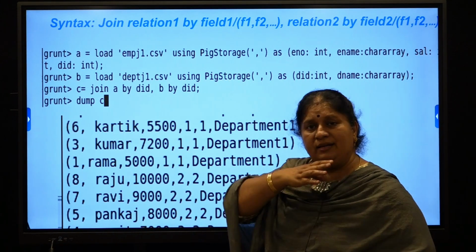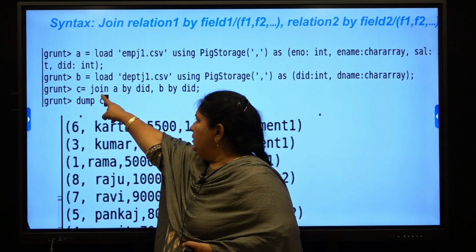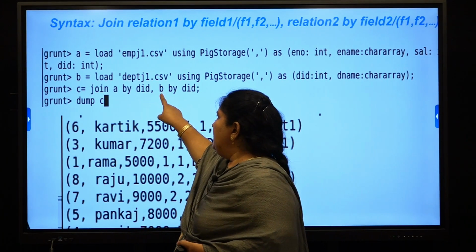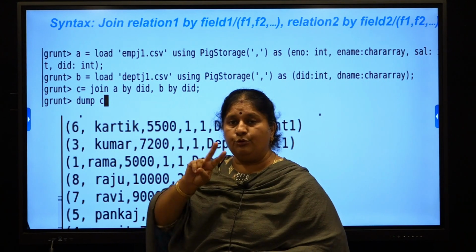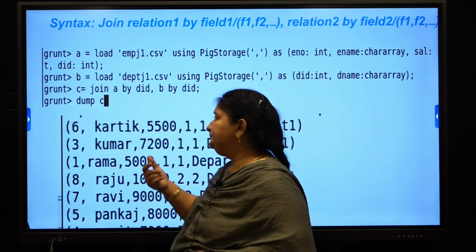Here you need not write that entire statement, simply the statement is join A by department ID, B by department ID. You just specify both the relations and the common attribute in both the relations.